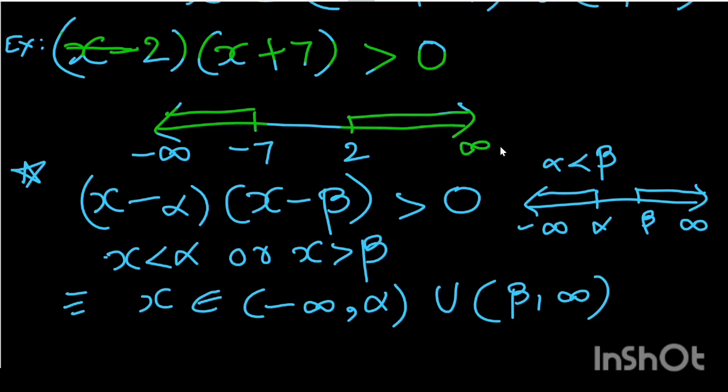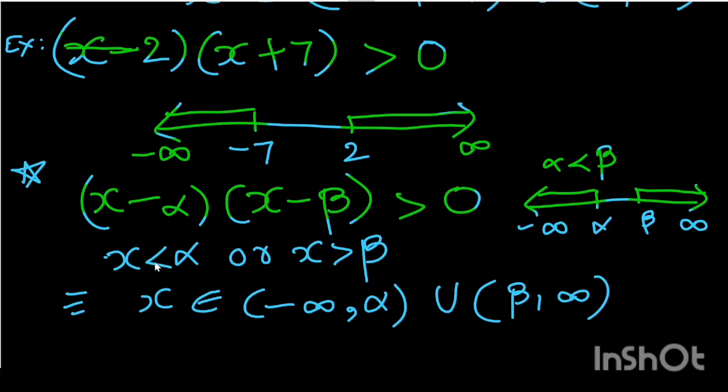So for a generalized quadratic inequality having two factors, x minus alpha, x minus beta, alpha is lesser than beta, both are real, it will be lesser than alpha and greater than beta.